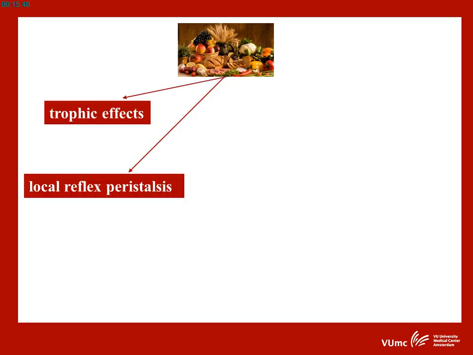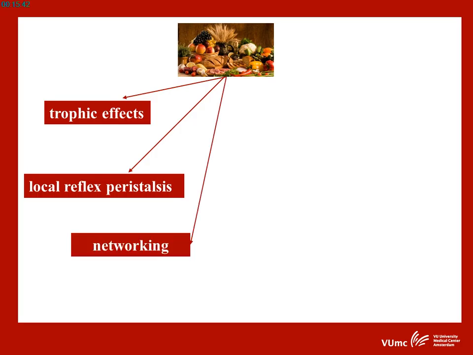So food in the intestinal tract has trophic effects, initiates local reflex peristalsis, and has an important networking function because it is the food that initiates the production of all these enteral hormones.